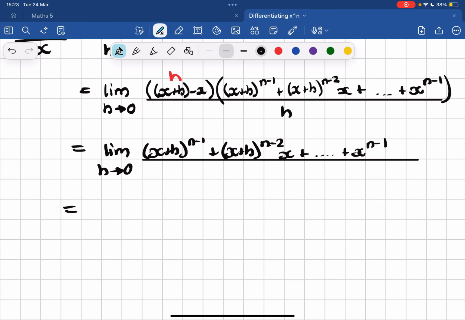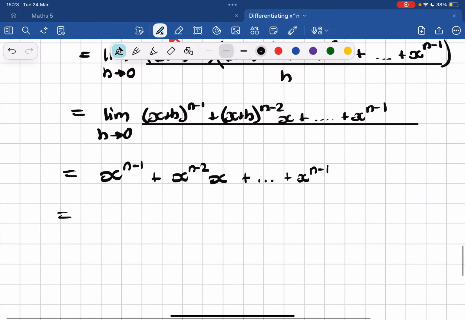So we'd have x^(n-1) plus x^(n-2)x plus ... plus x^(n-1). Now, if we simplify this, x^(n-1) times x is basically x^n, just add the powers, plus x^(n-1).